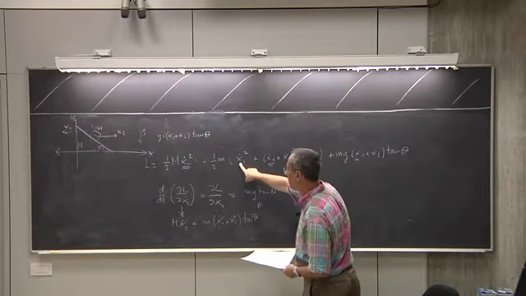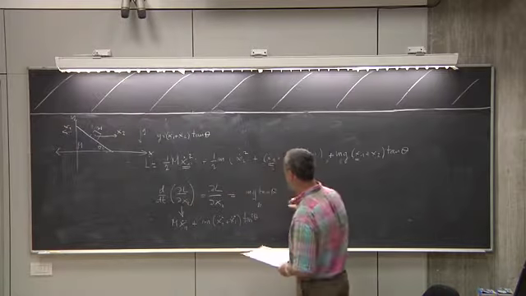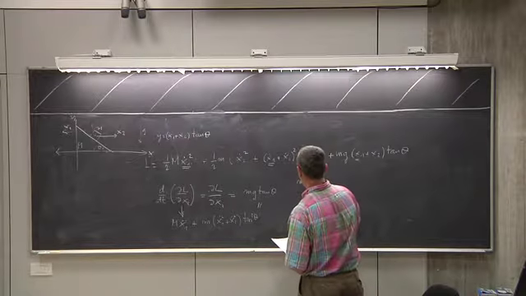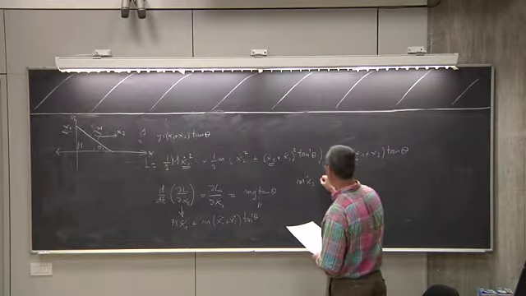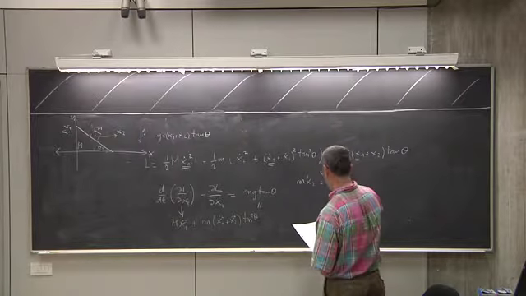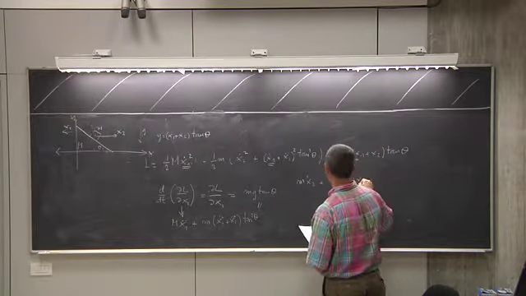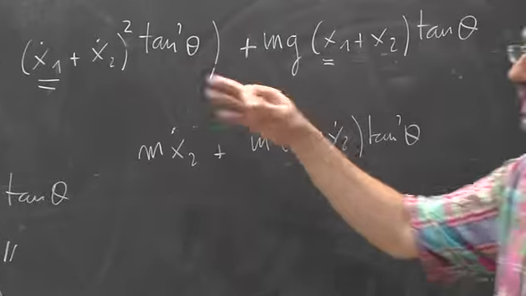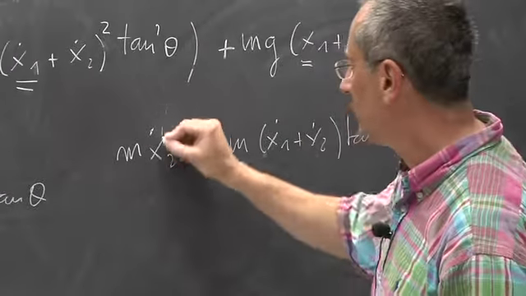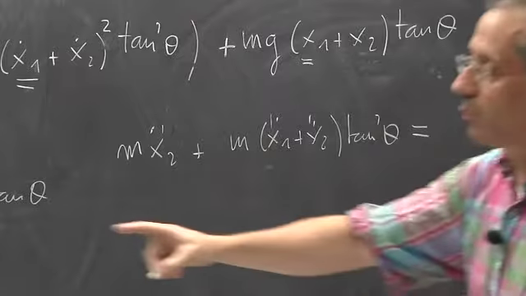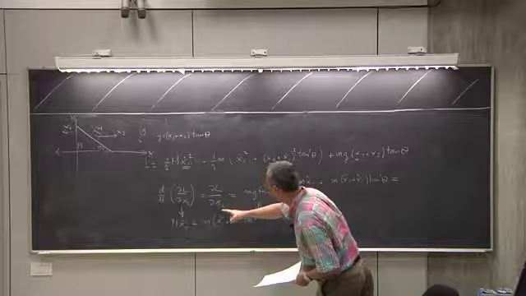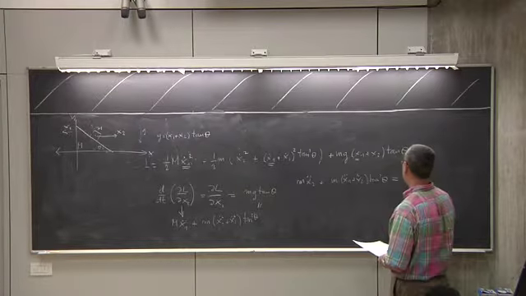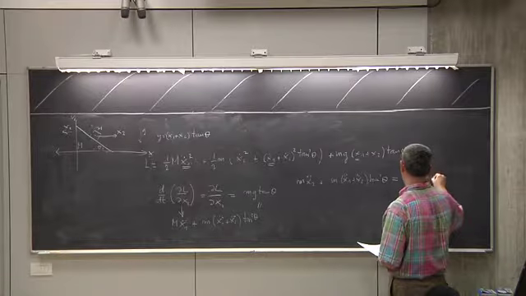You take the partial derivative, again, and here you get m x2 dot plus, the same here, m x1 plus x2 dot tangent square theta. But I have to take the total derivative, so again I have dot, dot, dot. And this must be equal to the partial derivative of this quantity with respect to x2. That is just equal to what I had before, because they enter in a symmetric manner.